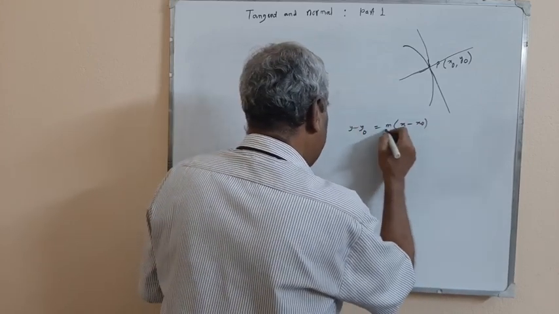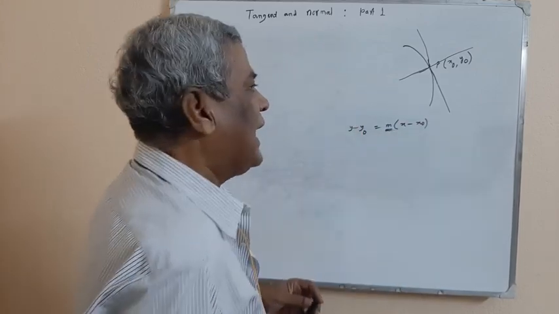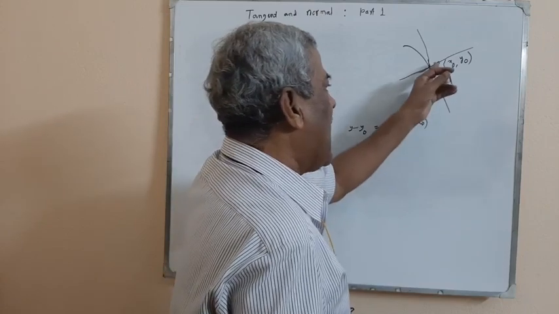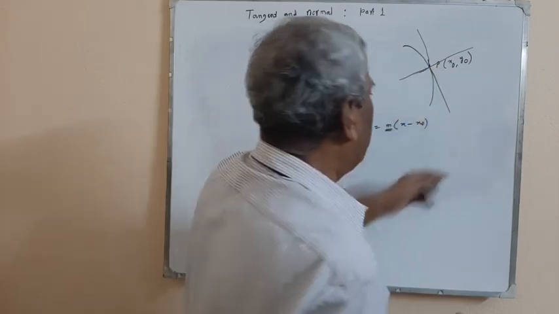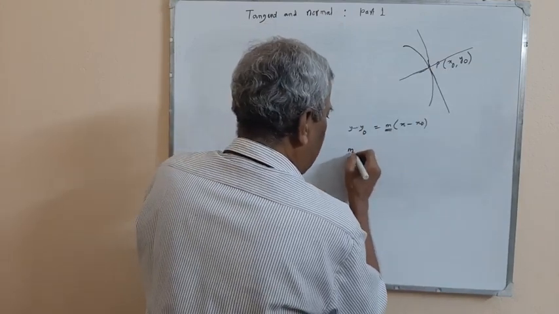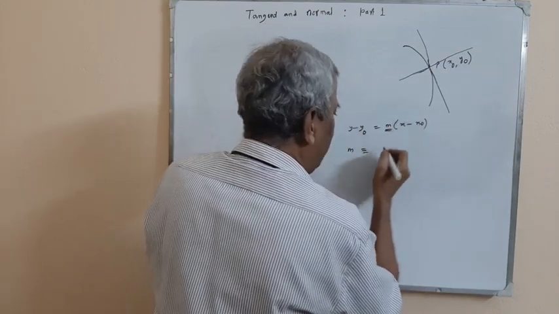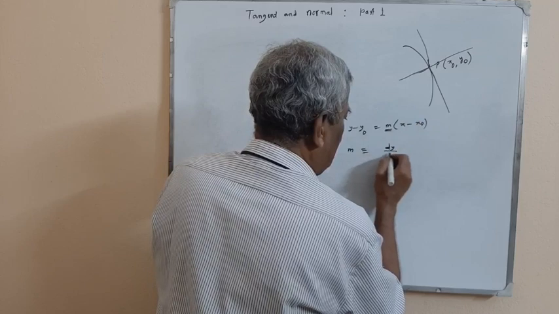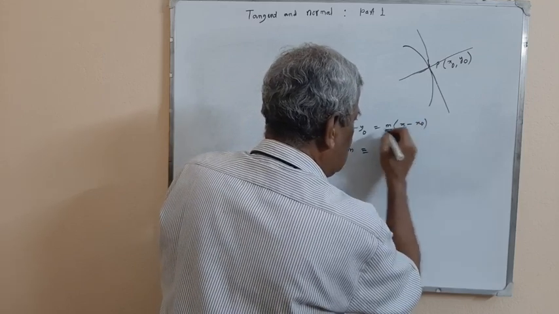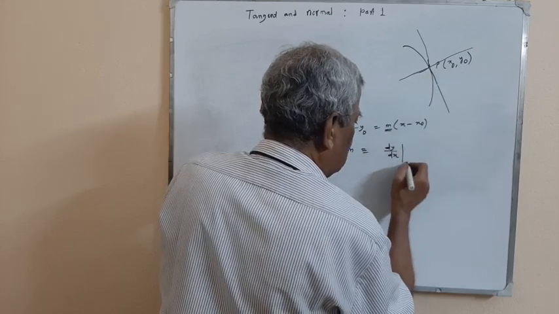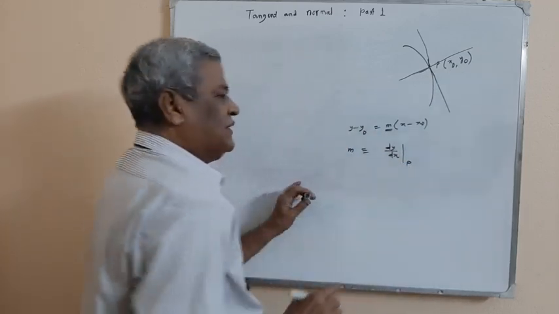So what is m? m is the gradient of the tangent at that point. It is nothing but, from the curve find dy/dx and put x is equal to x0, y is equal to y0. That will give you the tangent.